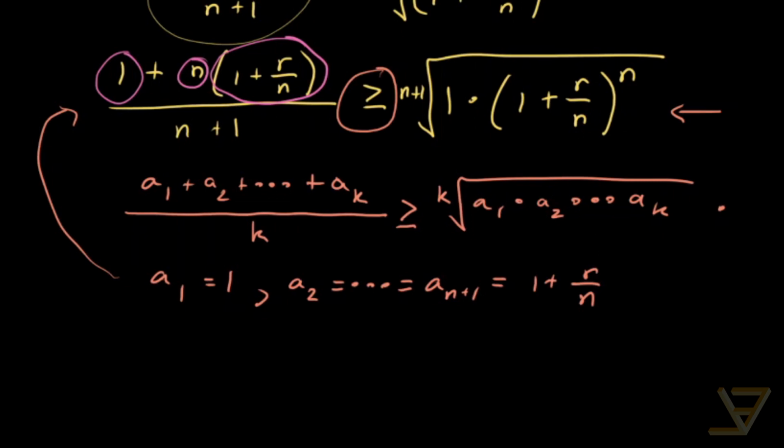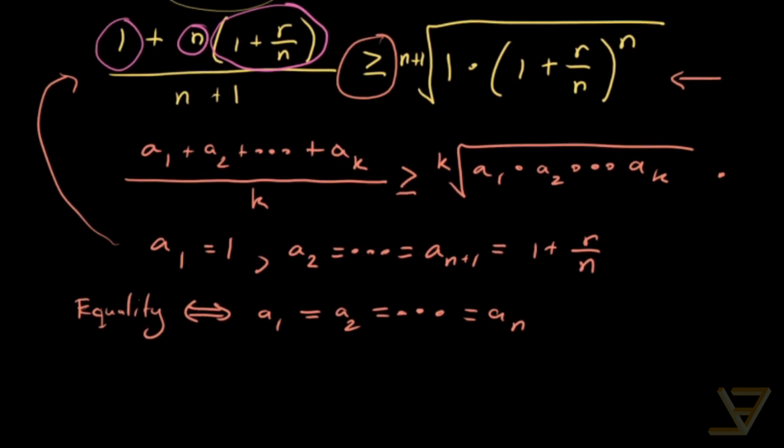And equality holds if and only if a1 equals a2 all the way through to an. And in this case, that means 1 equals 1 plus r over n, and that's true if and only if r equals 0.